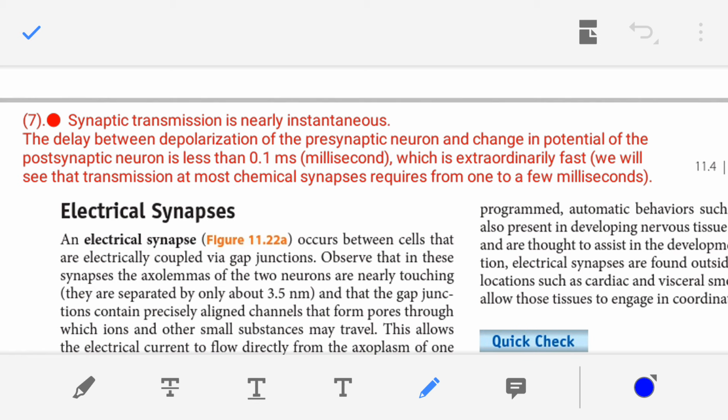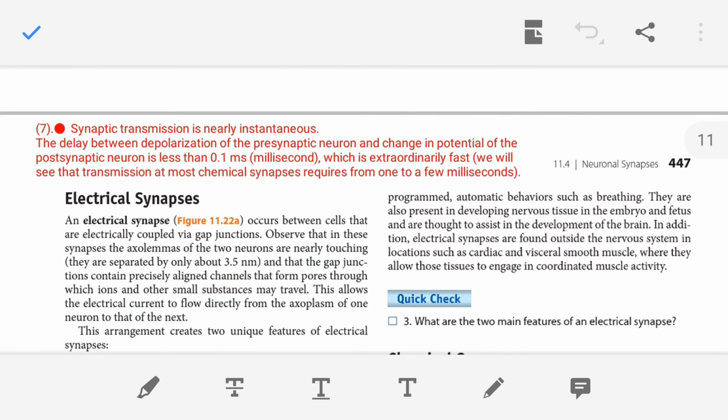The nerve impulse is propagating very speedily, very fast. So nerve impulse is extraordinarily fast in electrical synapses. And we will see that transmission at most chemical synapses requires from 1 to a few milliseconds. So we are also going to compare the speed of propagation of nerve impulse in case of electrical synapse with the chemical synapses.